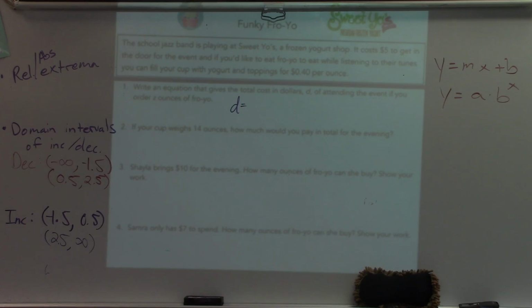Which one's linear? Y equals mx plus b is linear, and a times b raised to the x is exponential. I'm really glad you brought both these up. So, is this relationship linear or exponential? Exponential, I heard. You think linear? Okay, we made claims. Where's our evidence?